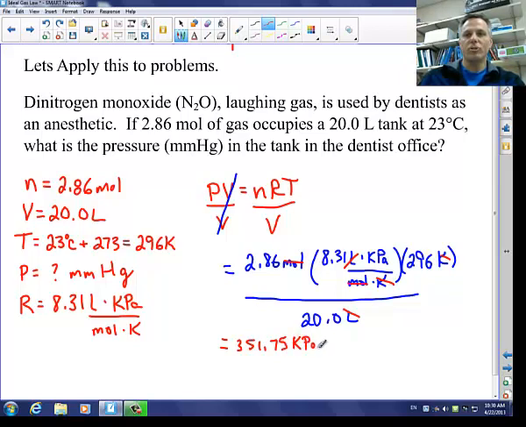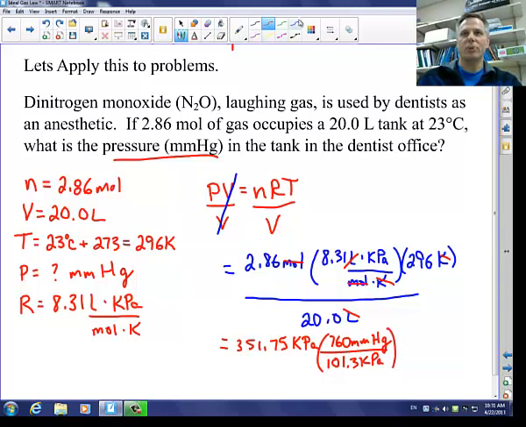Which is a pressure, but we have to convert that kilopascals to what they're asking for, millimeters mercury. So I'm going to use my pressure conversion guide to multiply by 760 millimeters mercury for every 101.3 kilopascals. And when I do that, the units of kilopascals are going to cancel out.